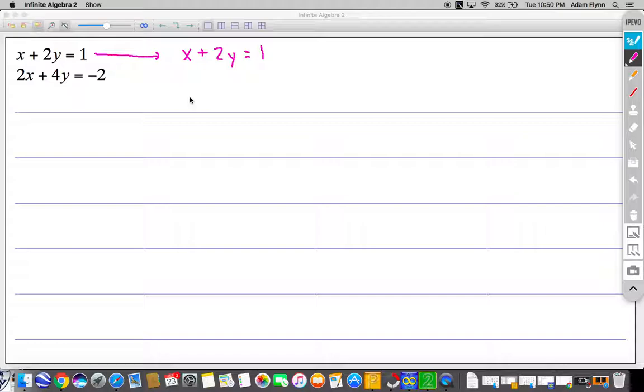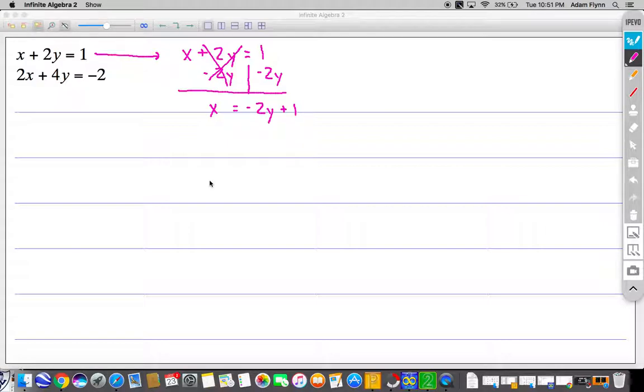To solve for x, I'll subtract 2y from both sides. When I do that, 2y minus 2y cancels. So I get x equals negative 2y plus 1.